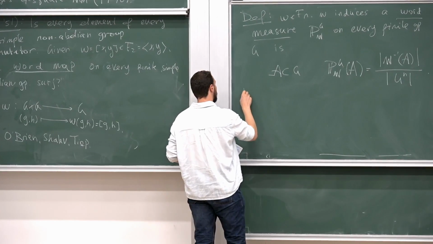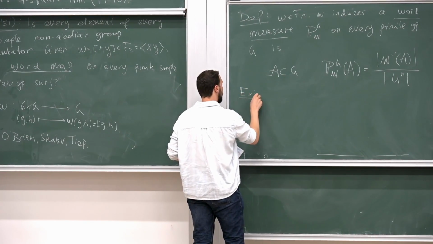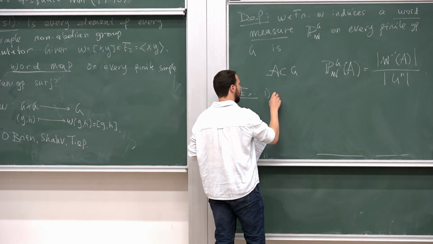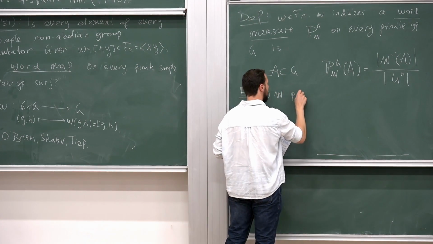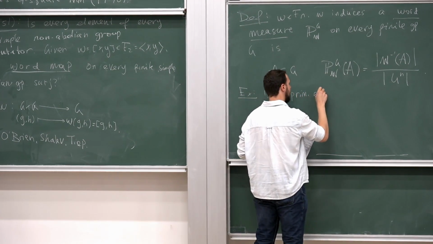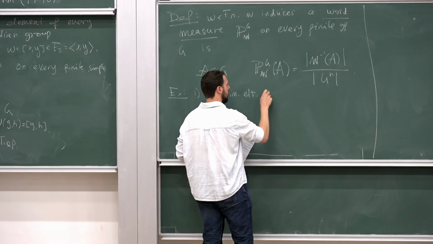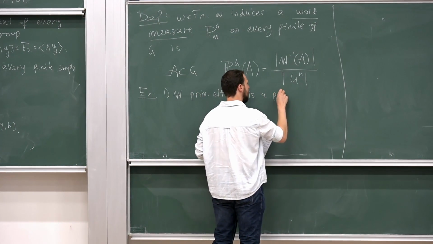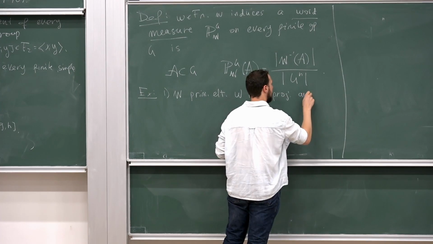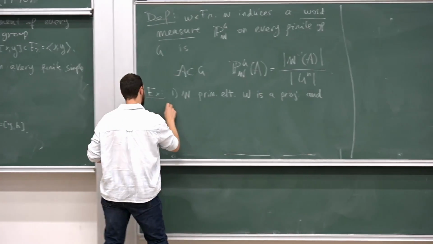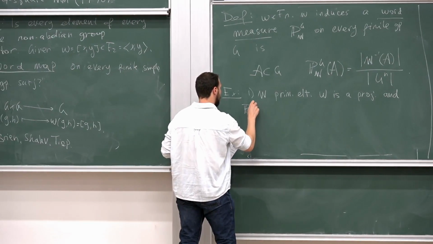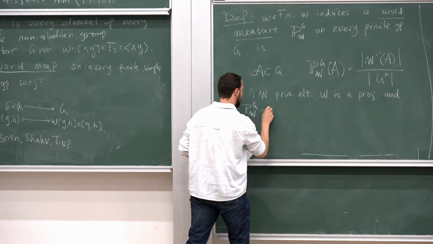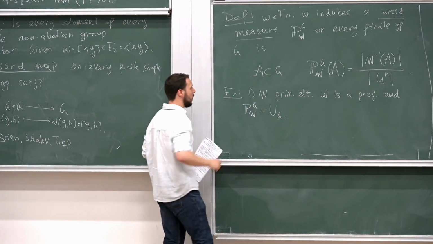And again, a good example to have here, perhaps the simplest example, is when W is a primitive element, in which case the word map is a projection, and the corresponding word measure is always uniform on every group G.